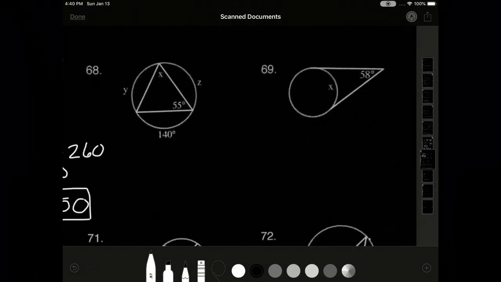For 68, I would say we could quite easily start with y here, right? Because 55 intercepts our y arc. So we can double 55, and y equals 110.